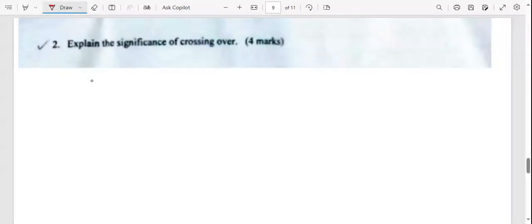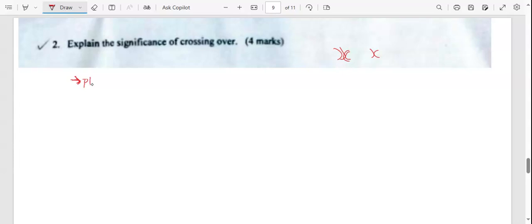Okay, the next question says, explain the significance or the importance of crossing over. So why is it important to cross these genes, chromosomes? Why do we need to have that? So this crossing over, where we cross this gene, it will help us in plant breeding.